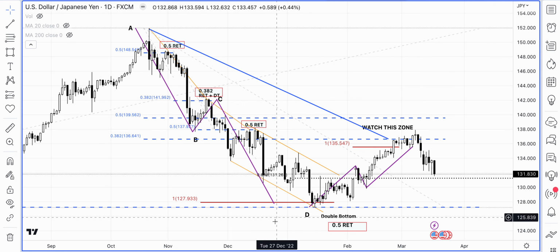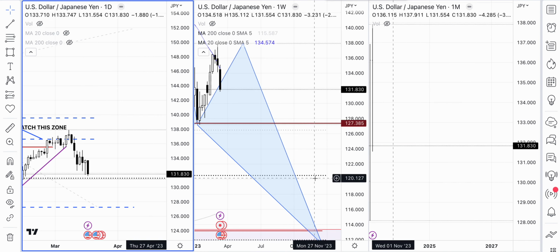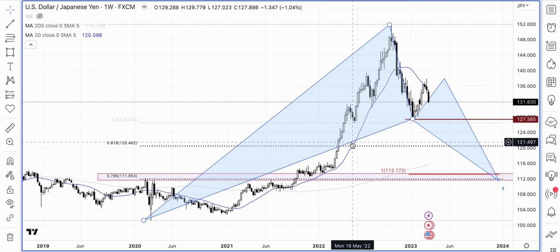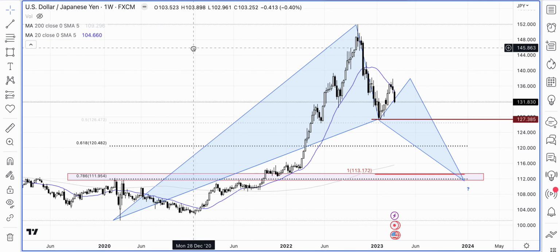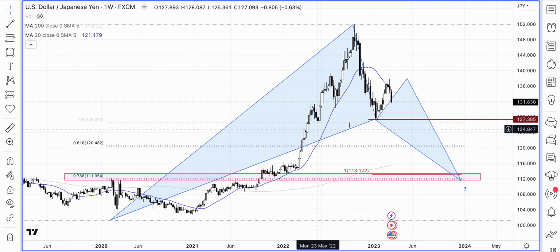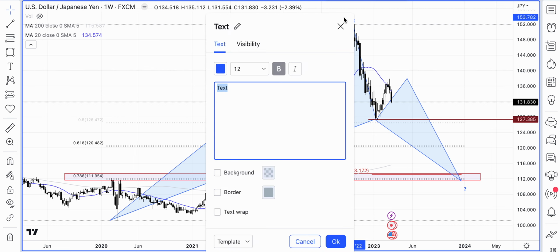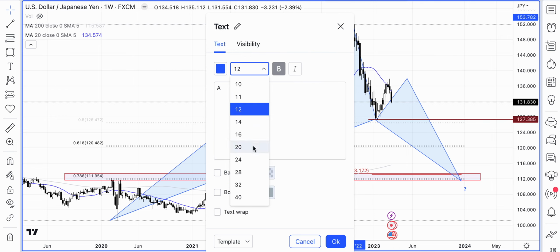So let's move to the weekly chart. Here on the weekly chart, a little bit different picture. Here what we are looking at is this low, assuming that we are in an ABCD pattern formation. So let's say this is our level A here.